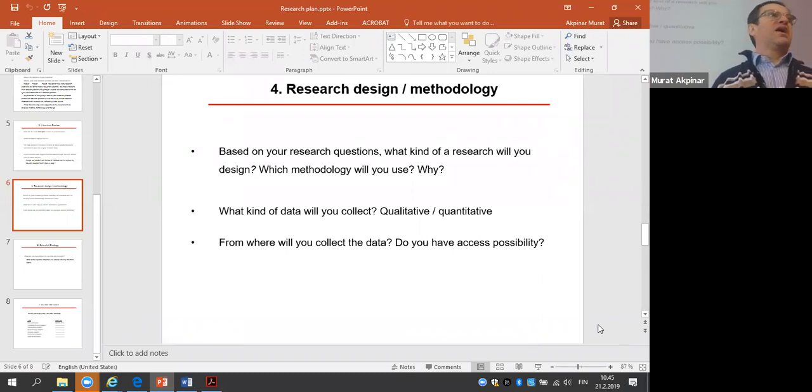Usually, if we have questions like how, if we are looking for deep insights about a topic, for those kinds of research questions, we would be pursuing a qualitative approach. Qualitative approach means you will collect qualitative data via interviews, and the idea there is to gather deep insights about that topic.